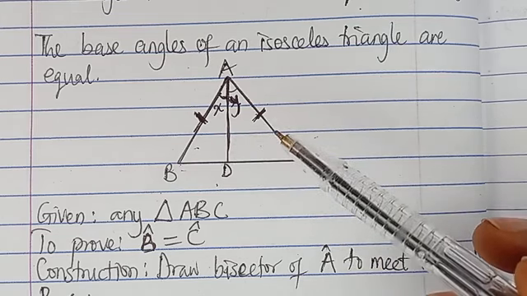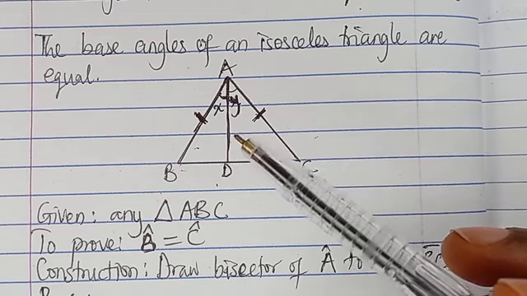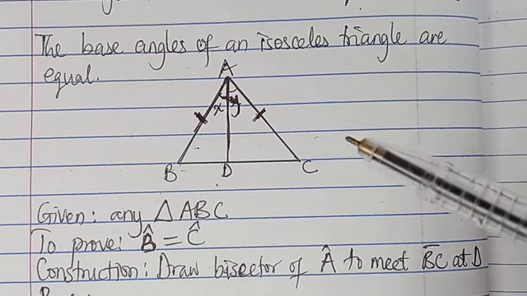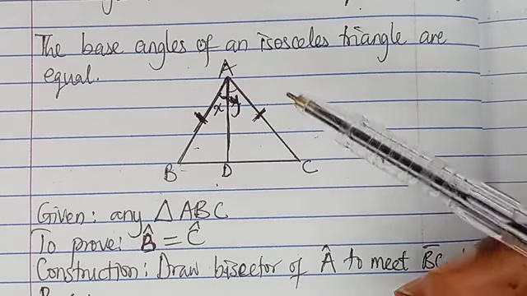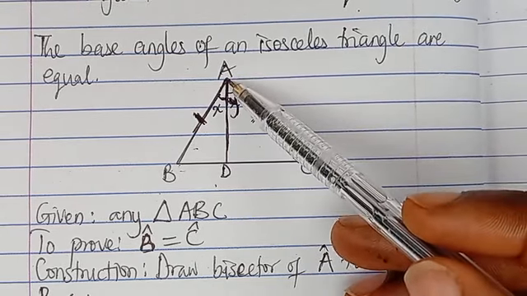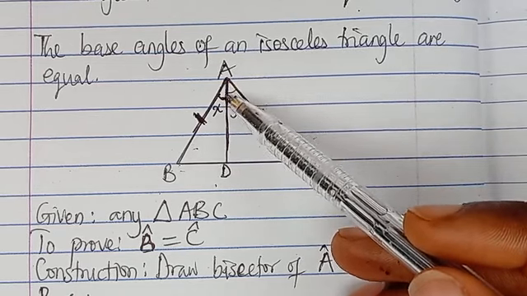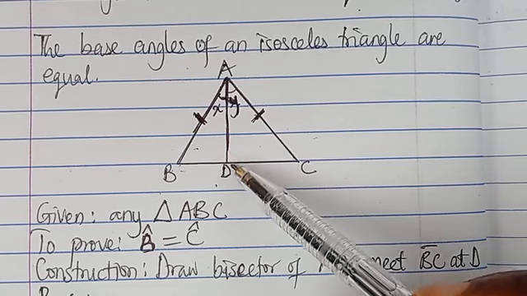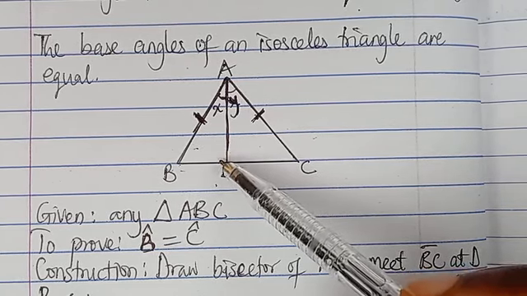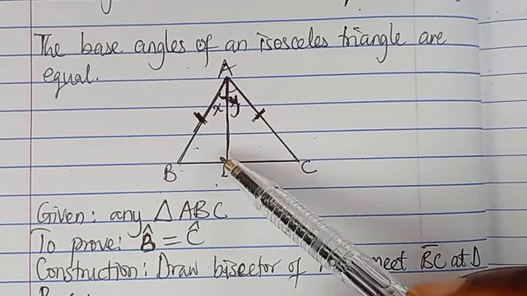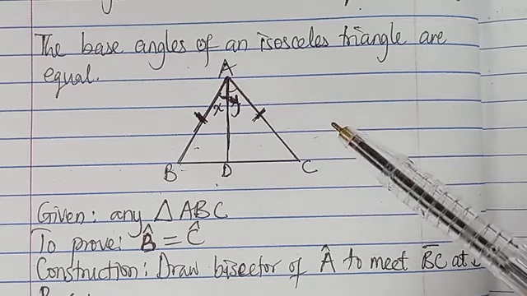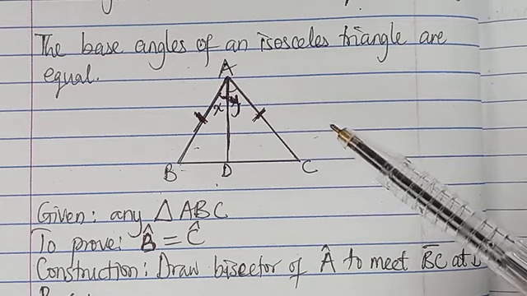Another thing we can get is that the bisector of the vertical angle meets the base at right angles. So this is angle 90, this is angle 90. Those are the things we can get from this proof. Now next we'll be solving examples.